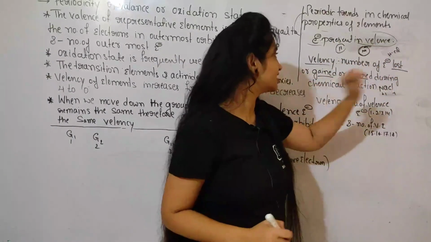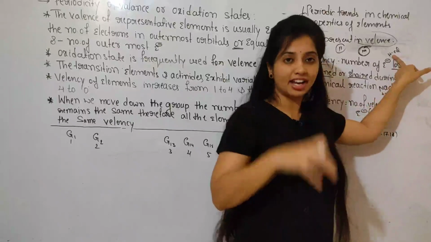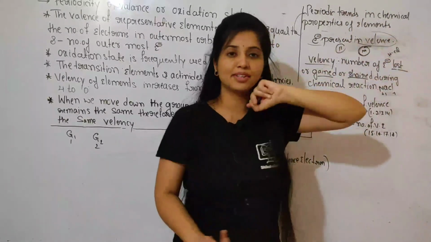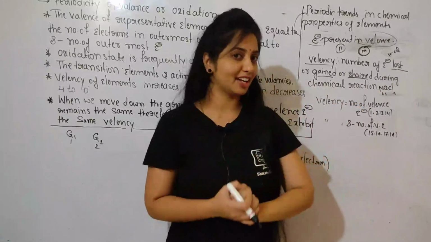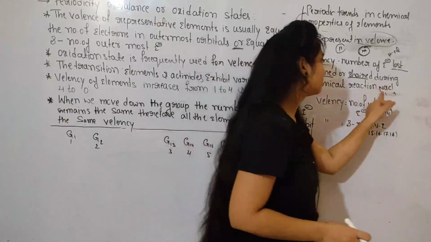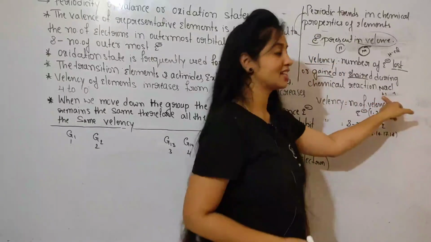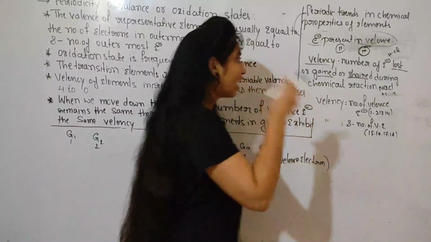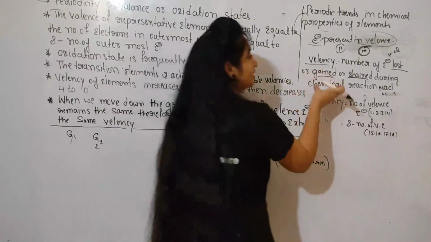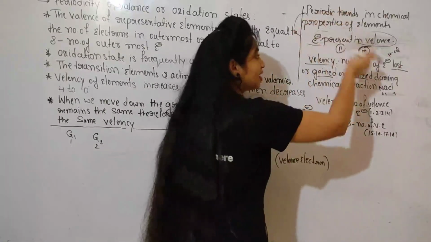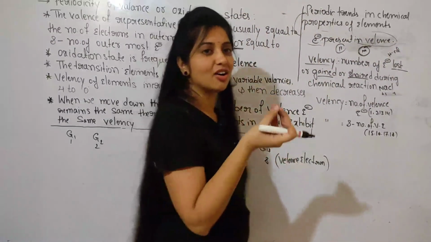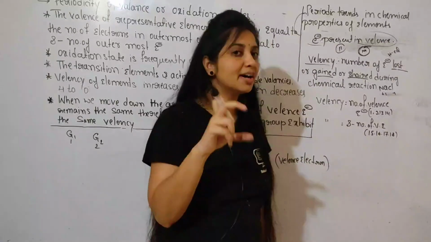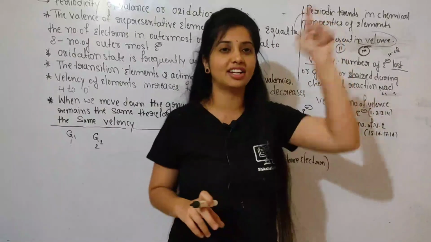So in the formation of hydrochloric acid, sharing of electrons takes place. In the other case, losing and gaining of electrons takes place. During the chemical reaction, the number of electrons lost, gained or shared is called the valency of that element.